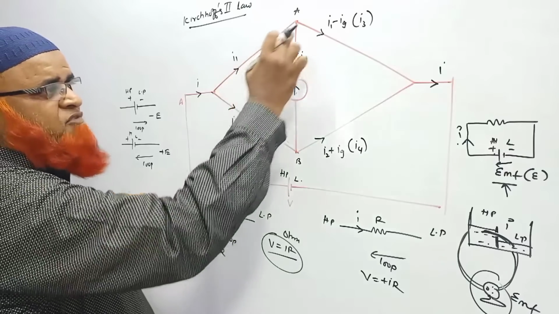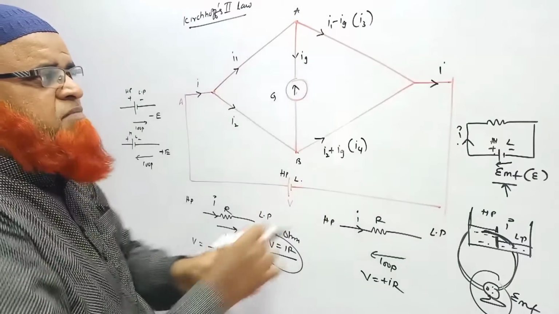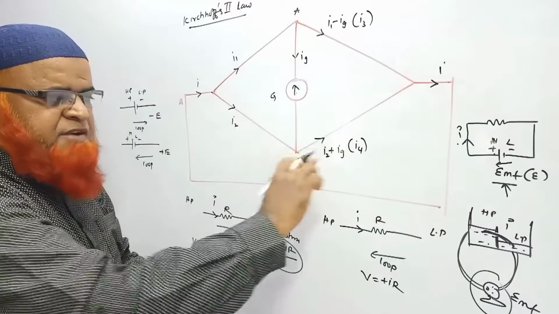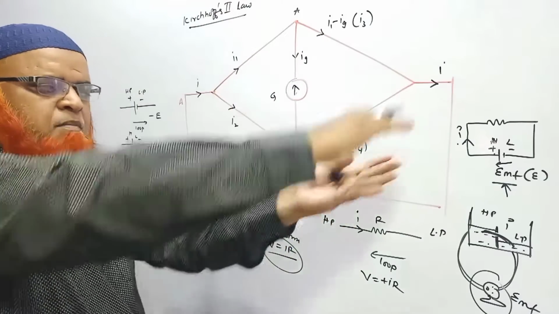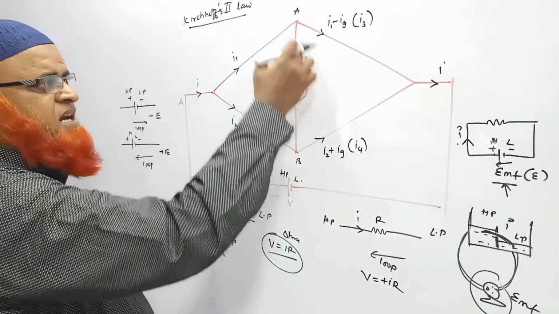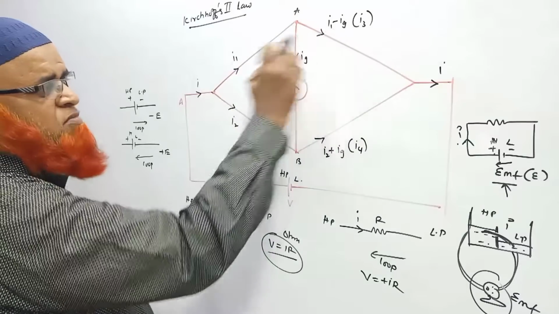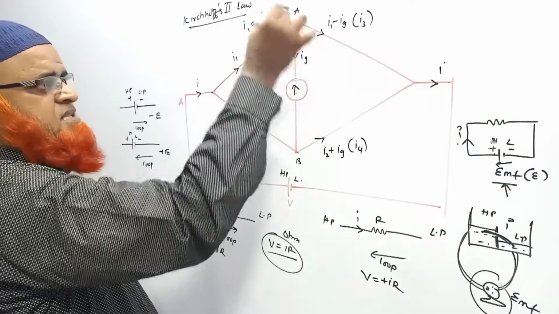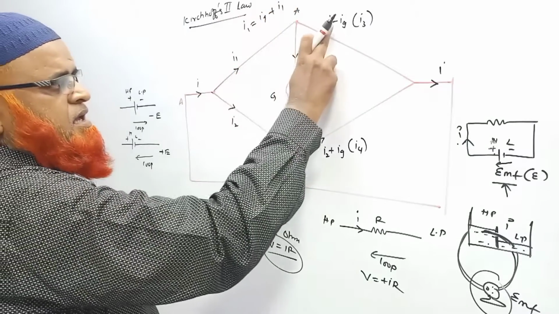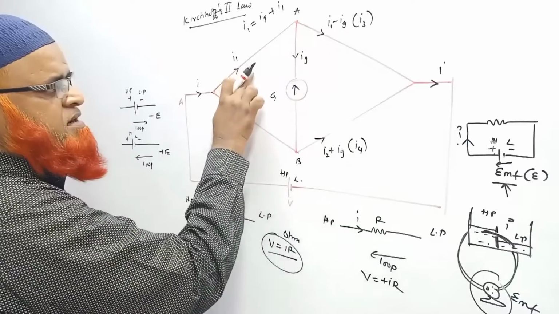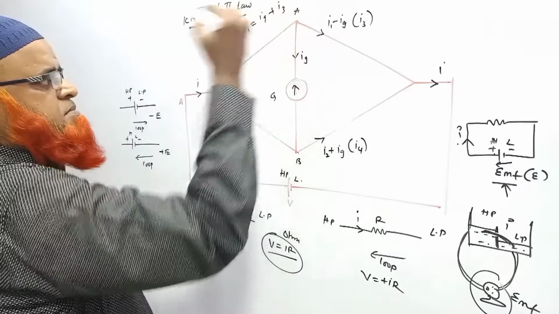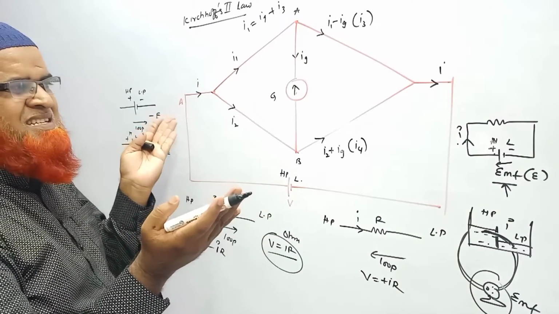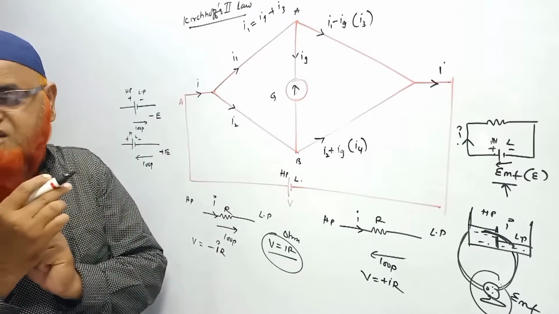So now I1 is divided into two parts, Ig and I1 minus Ig. So Ig and I2 combine together, it is going to become I2 plus Ig. They are combining to form I2 plus Ig. And here Ig is going, so remaining is how much? Here I1 is equal to Ig plus I3, isn't it? So I1 is equal to Ig plus I3 according to Kirchhoff's first law, the junction law.